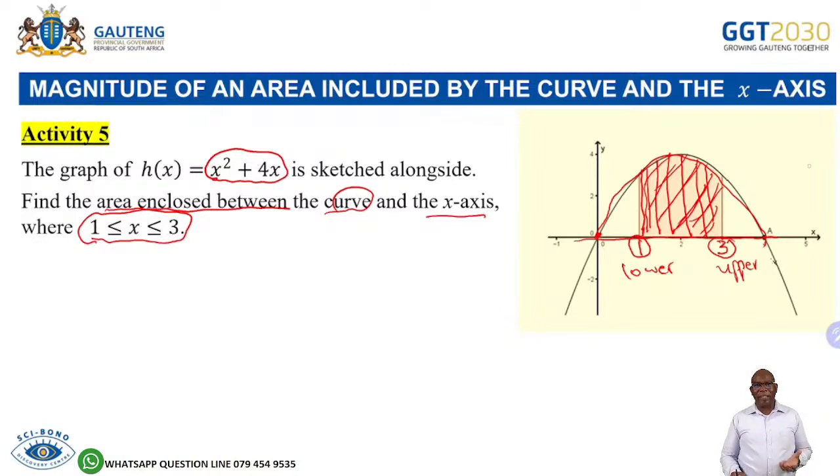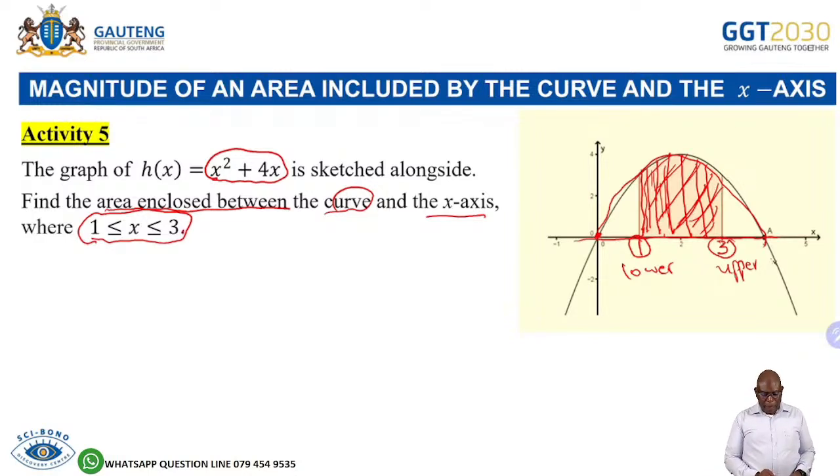Integration is the easiest way of getting the area between a curve and the x-axis without measuring the length times the breadth of all those shapes and adding them all. That will take me forever, but look at how we can do this quickly.